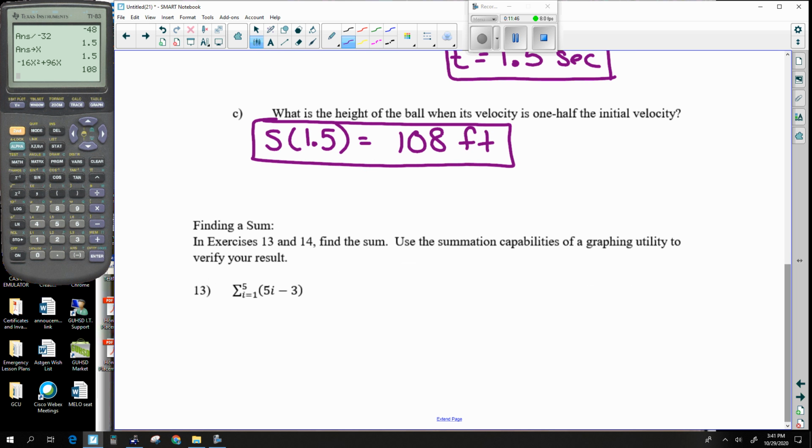All right, find the sum. I'll write it the long way here. I'm sorry, this should have been a minus.